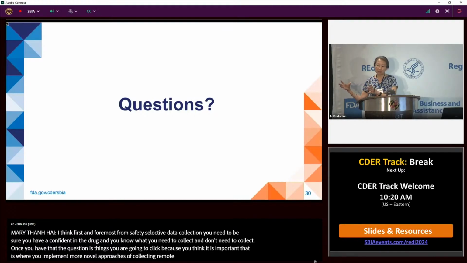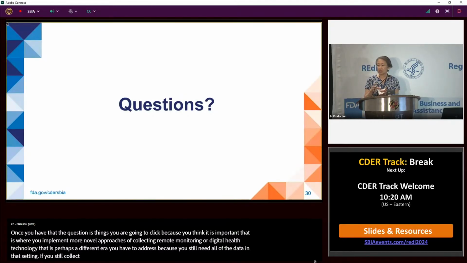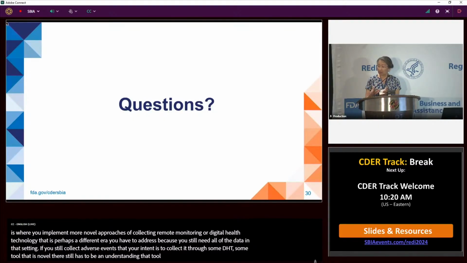That's perhaps a different area you have to address because you still need quality data. If you're going to still collect a particular adverse event through some DHT, some novel tool, there still has to be an understanding that the tool can adequately collect that information, that it's reliable. So that speaks to the quality of the data.